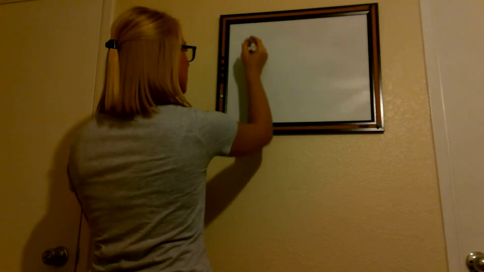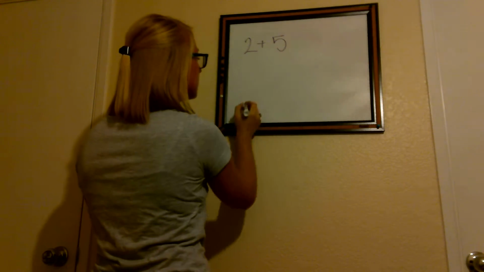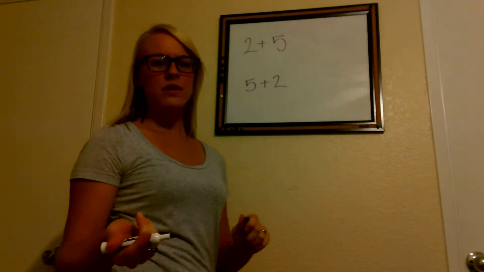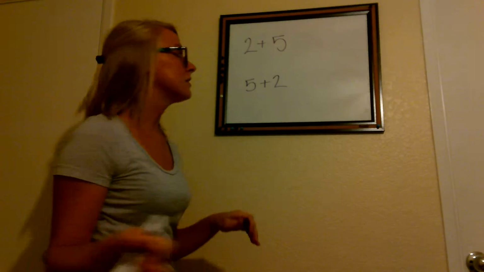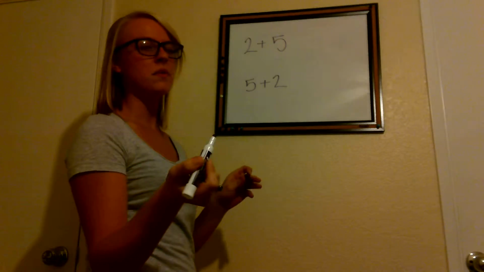So, if I have 2 plus 5 and 5 plus 2, do you think if we add those together, they're going to come out to be the same number? Well, let's see. So let's think of it this way. We're going to use symbols.